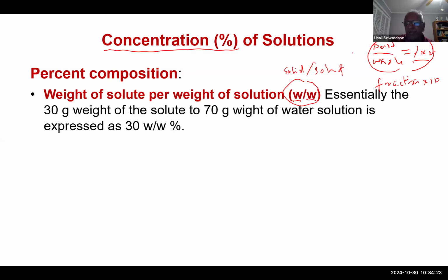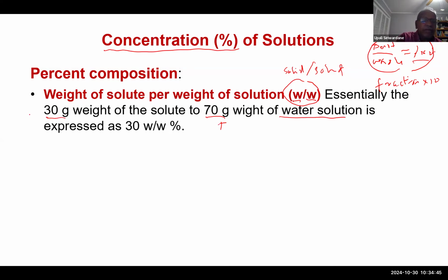It could be a liquid or any combination, because weight can be measured in a liquid, solid or gas. How do you calculate with the weight of the water solution? That's the total.